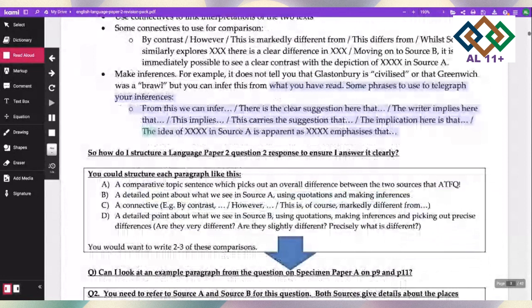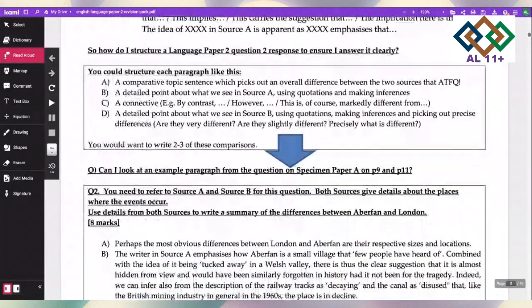So, when you have to structure a response to a language paper question 2, you have to be really clear. You should structure each paragraph like this: a comparative topic sentence which picks out an overall difference between the two sources, then a detailed point about what we see in source A, using quotations and making inferences, then a connective, for example a contrast such as 'this is markedly different from', then a detailed point about what we see in source B, using quotations, making inferences, and picking out precise differences.